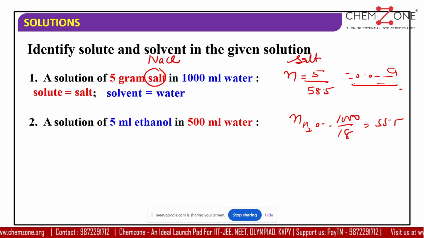Ethanol. सर इथेनॉल का एक्चुअली वो क्या होता है? Molecular formula is C2H5OH.